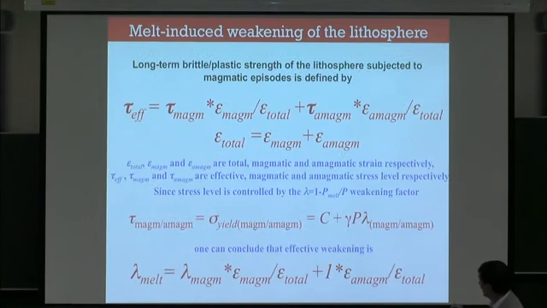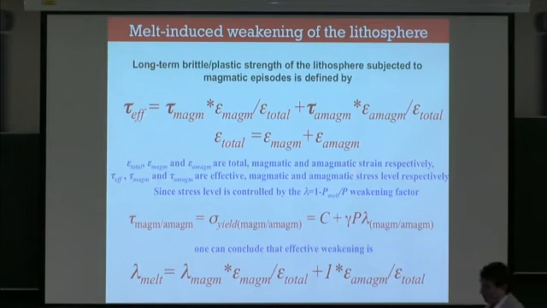So if we take magmatic and amagmatic episodes with their respective strengths, and we analyze the condition for the integrated energy dissipation and integrated strain, what we will realize is that, first of all, the effective strength of the lithosphere is a strain average between the strength of the lithosphere during magmatic episodes and the strength of the lithosphere during the amagmatic episodes. And then our total strain is the sum of magmatic strain and amagmatic strain, which implies the following.